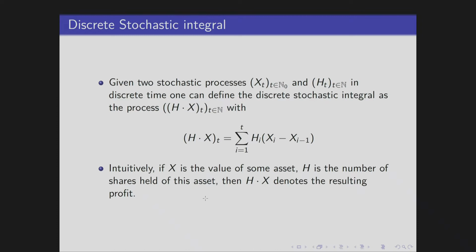So basically, if the stock goes up by 1, so xi minus xi minus 1 is equal to 1, then we will simply get the number of shares that we own as profit to our wealth process. So yes, this is then the discrete stochastic integral, which we will be generalizing afterwards, also in the continuous case.